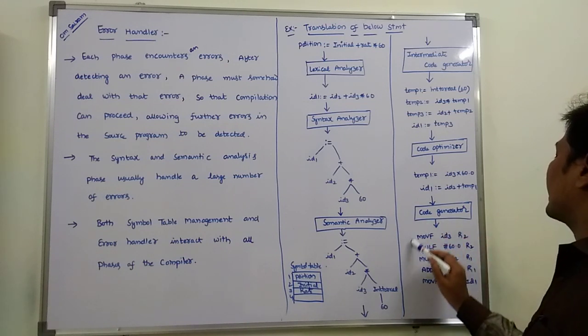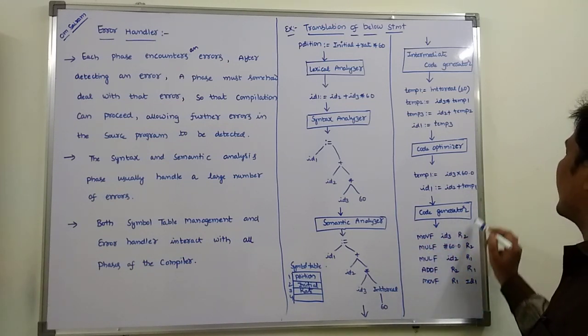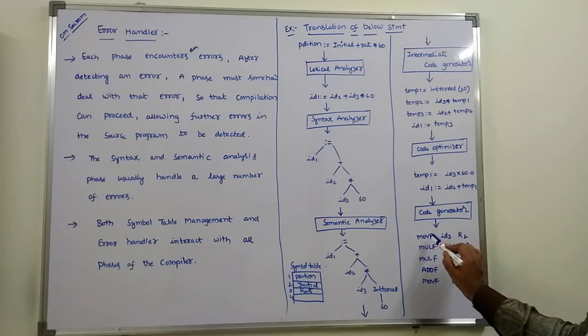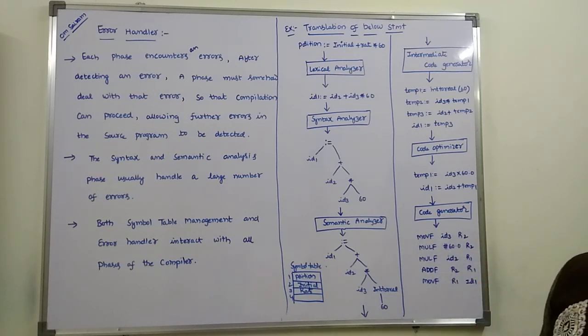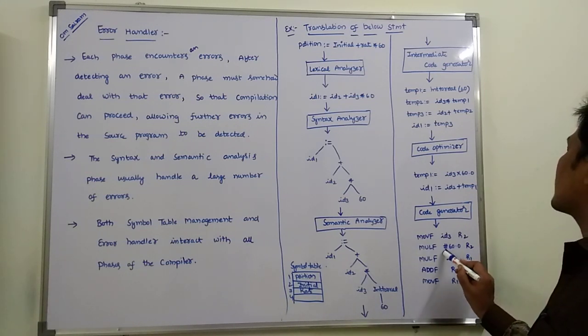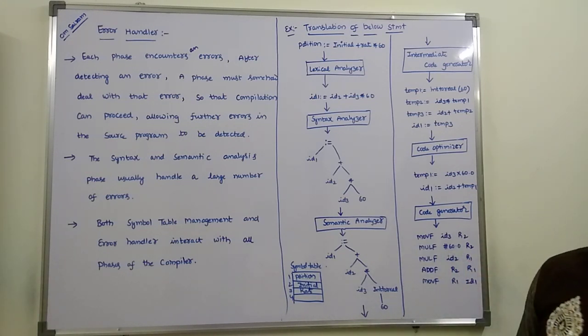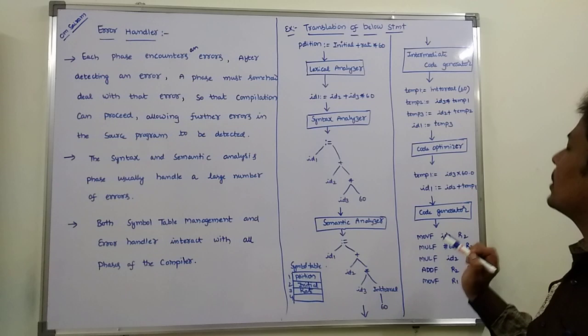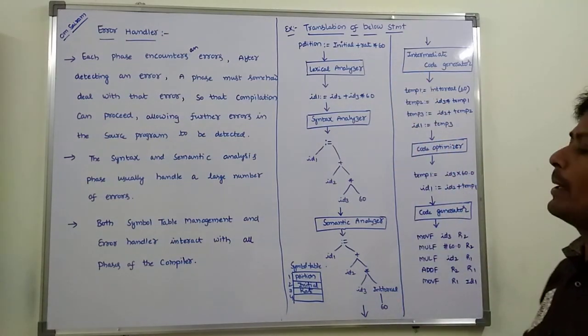This code generator can convert these two statements into this one. Okay, here the f in each and every instruction deals with floating point numbers. Hash 60.0 can be treated as a constant. Finally, this is the output for the given statement.